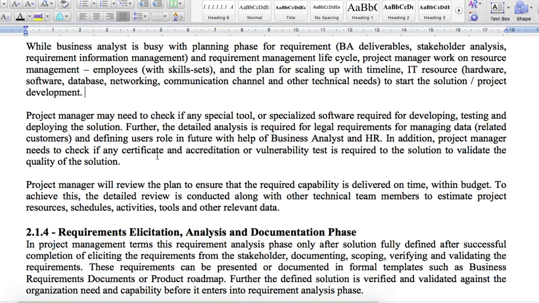Okay, it could also be the law. For example, if a project is handling patient data in the healthcare industry, then as per the HIPAA law, that particular healthcare industry or the hospital must protect the patient's data.